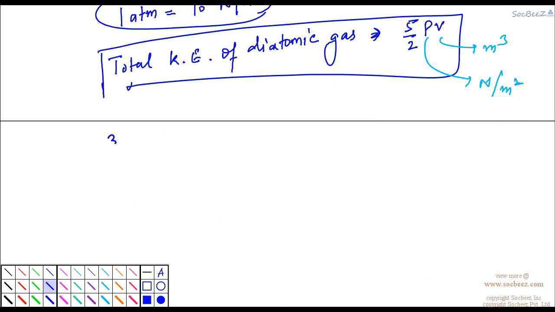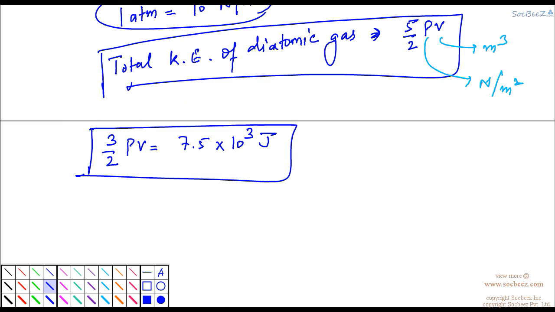So we have the information that 3 by 2 PV is basically 7.5 into 10 raised to power 3 joules. Either we can use this equation directly to calculate 5 by 2 PV, because you can calculate PV, that would be equal to 2 into 7.5 into 10 raised to power 3 upon 3. So this would be 2.5.